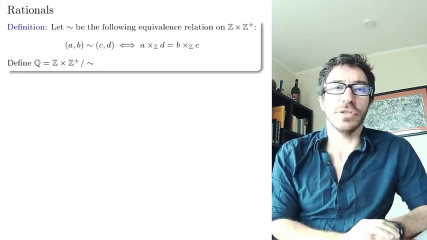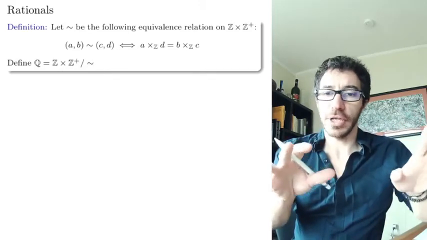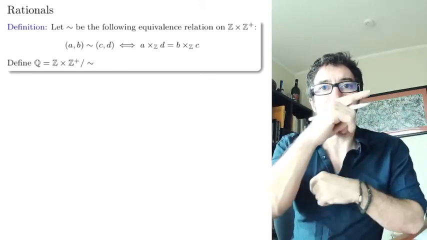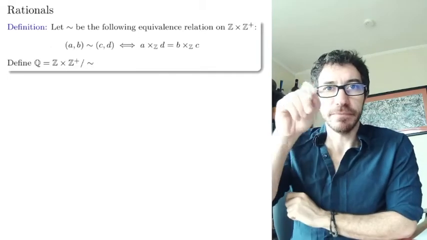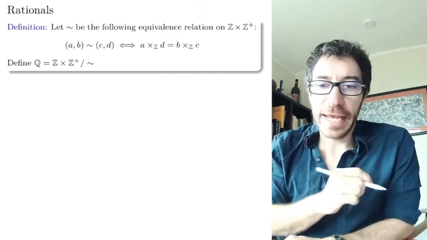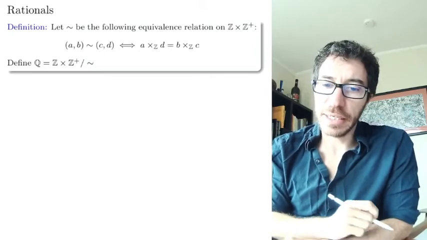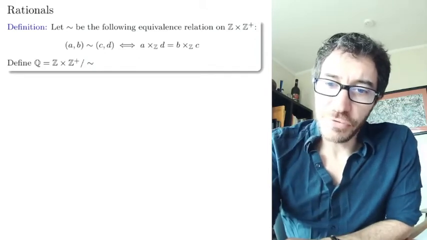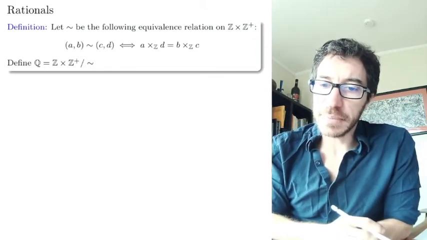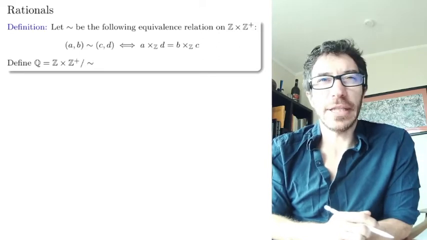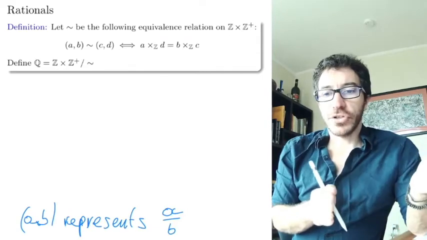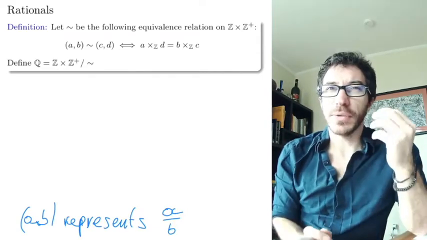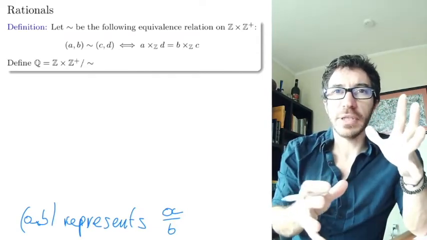And here's the definition. Now we use a different equivalence relation, the one we call tilde right there. We say that (a, b) is equivalent to (c, d) if a times d equals b times c. Again, we don't have division yet, so this is only what we have in our heads when we are developing this.